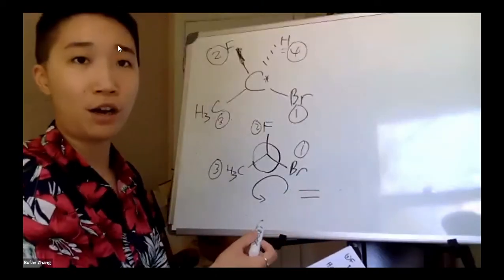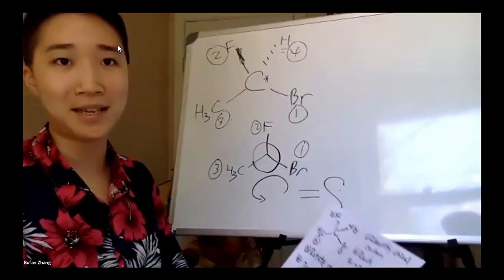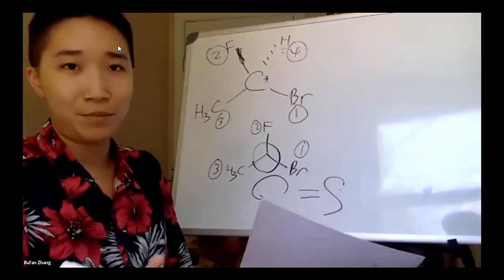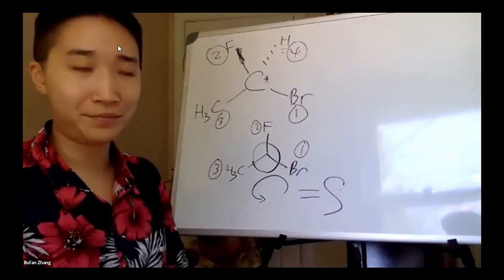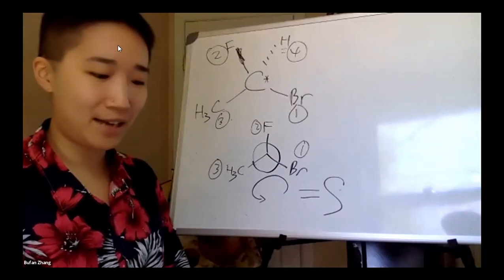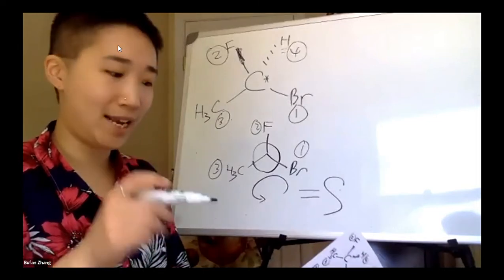Therefore, we're going to call this configuration S. That's just arbitrarily assigned. I guess if it was up to me, I would call it some cooler letter, like X, but I think it came from some German word. But if it goes counterclockwise, we call it S.